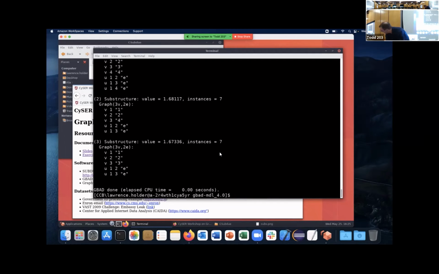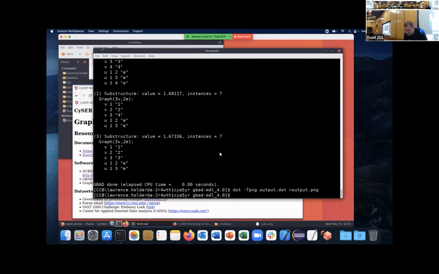Okay, and then lastly I'll convert that file to an image. Let's see what it looks like. Of course, you have the picture in front of you.